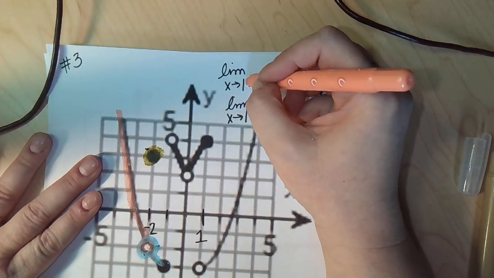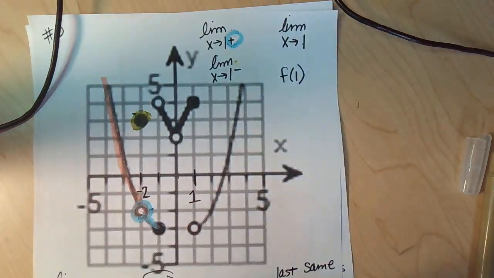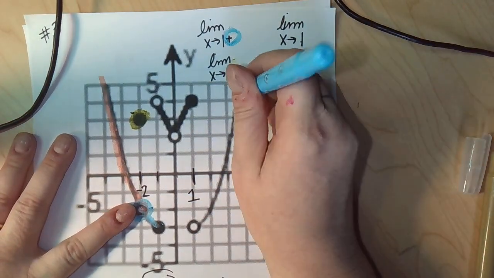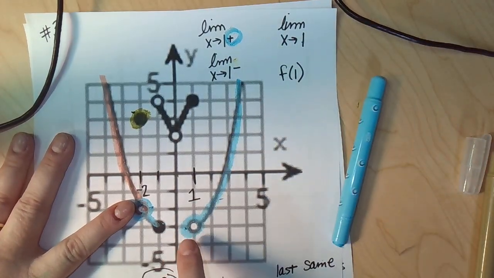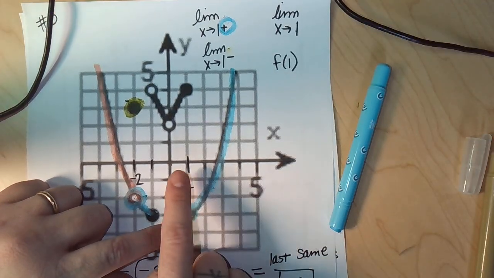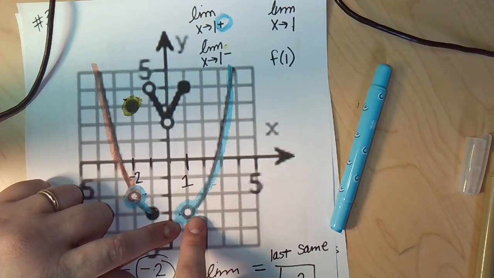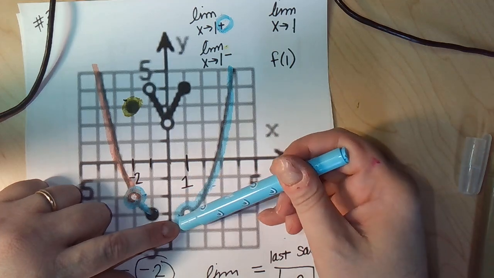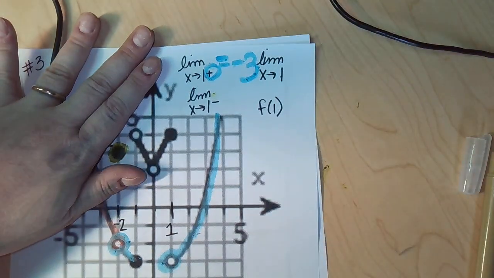I want to know the curve to the right and what the y value is when that curve stops at x equals 1. So this curve stops at x equals 1, and its y value looks like down 1, 2, 3, down 3, so -3. So this is equal to -3.